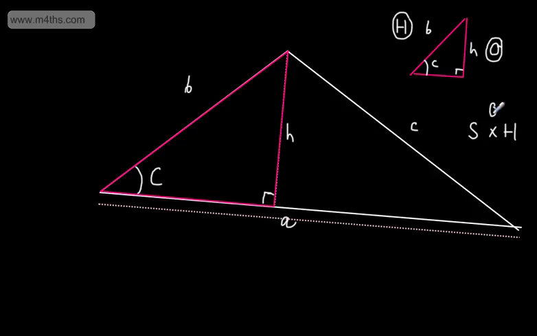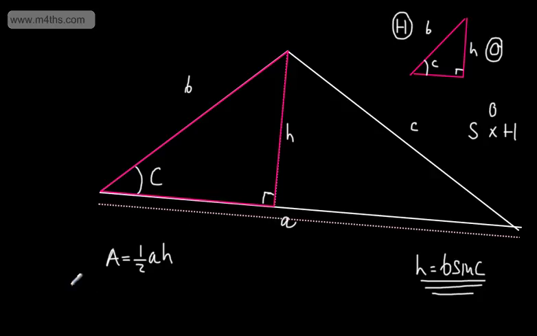I want to find now the opposite, so it's going to be the sine of the angle multiplied by the hypotenuse. So what I can say is that the opposite, which is h, is the sine of C multiplied by the hypotenuse, which is B. So I can say now the following, that h is b sine C. If we just leave that there for now, I can say if I had this triangle right here, the area now would be 1/2 a, which is a base, multiplied by the height.